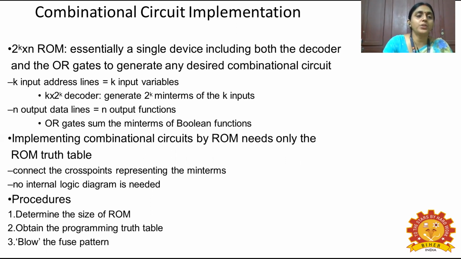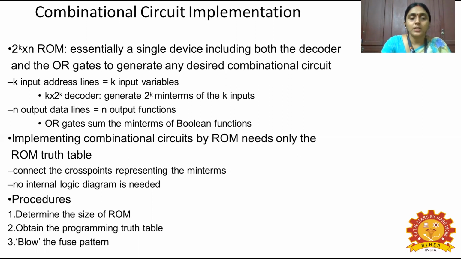The k input address lines are equal to k input variables, and here a k cross 2^k decoder is used, which generates the 2^k minterms of the k inputs. The n output data lines are equal to n output functions, and the OR gates always sum the minterms of the Boolean functions.